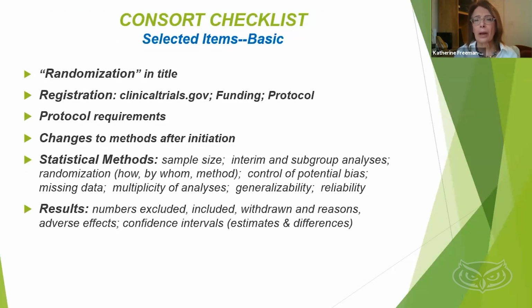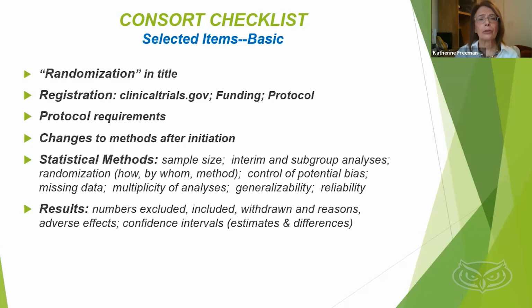Just to summarize what's in these CONSORT checklists, and these are things that you'll be doing, most of which when you write your protocol to be submitted to the IRB, but other things in terms of reporting. Now, unlike other manuscripts and publications, for a randomized clinical trial you would have to have randomization in the title.